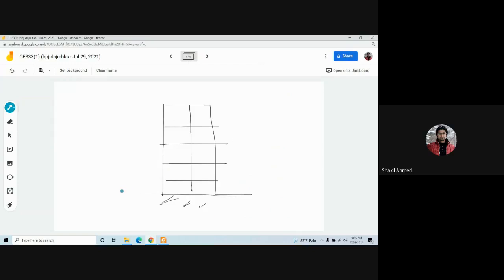This is your water distribution pipe. You are supplying this water to this floor directly. Okay. So look at these people.